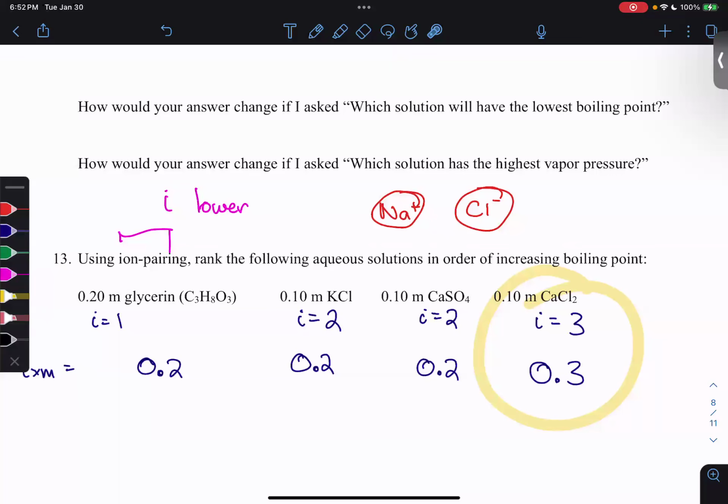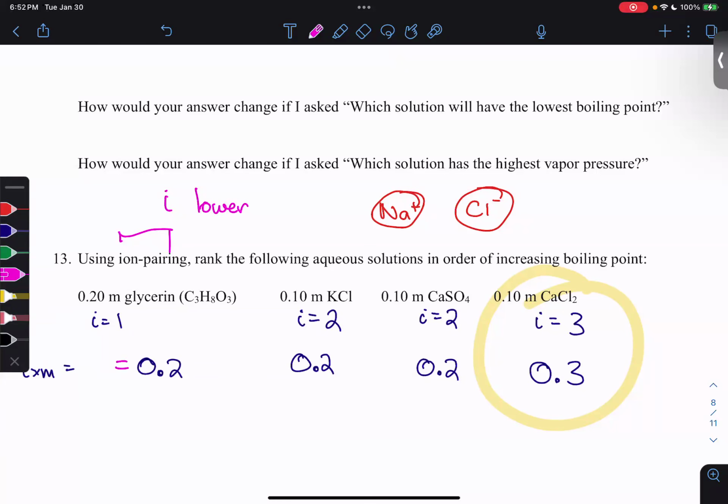Okay. Use your intuition. Does glycerin exhibit ion pairing? Can it ion pair? No. Why? No ions. So glycerin's I times M is going to be exactly 0.2, exactly. But KCl, can KCl ion pair? Yes, because it's ionic.